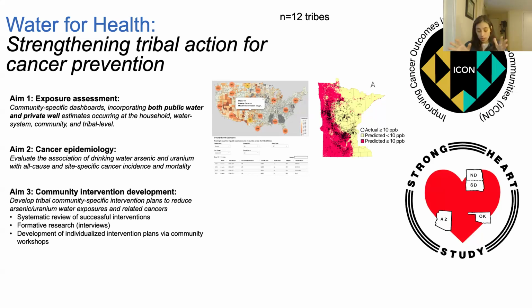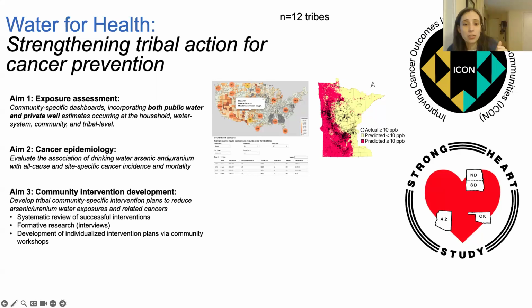So we're doing high-quality exposure assessment, geospatial modeling, and process-based modeling, combined with our public water estimates to generate dashboards for each community, so that folks can see where we think, based on our best available evidence, arsenic is really a problem, and where uranium might be a problem. This provides more accessible information for leaders and other decision makers in communities.